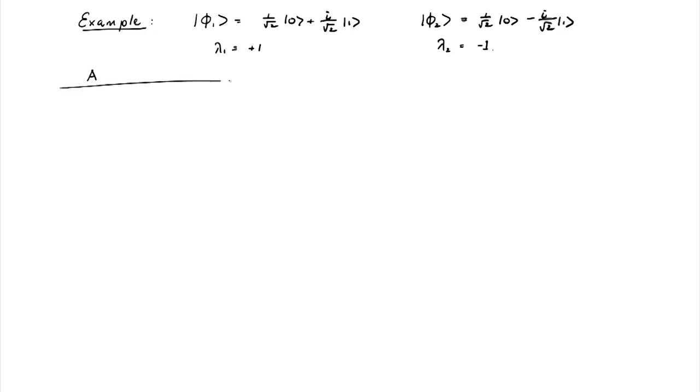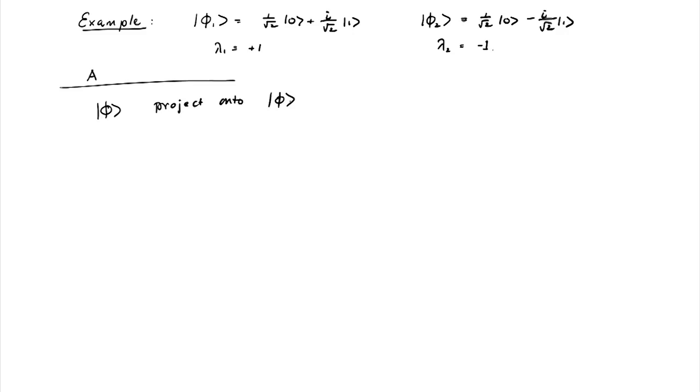Let me remind you about something that we saw before, which is how do you create a projection matrix? Suppose you're given some state phi, and you want to project onto phi.